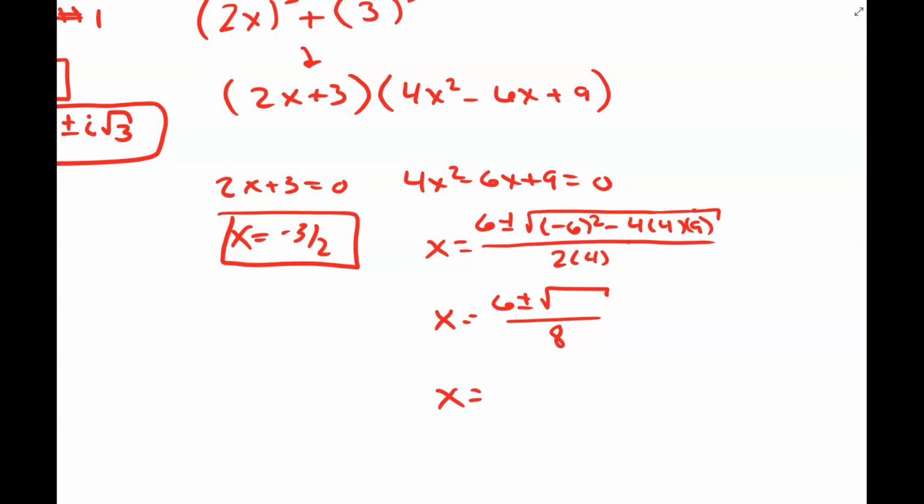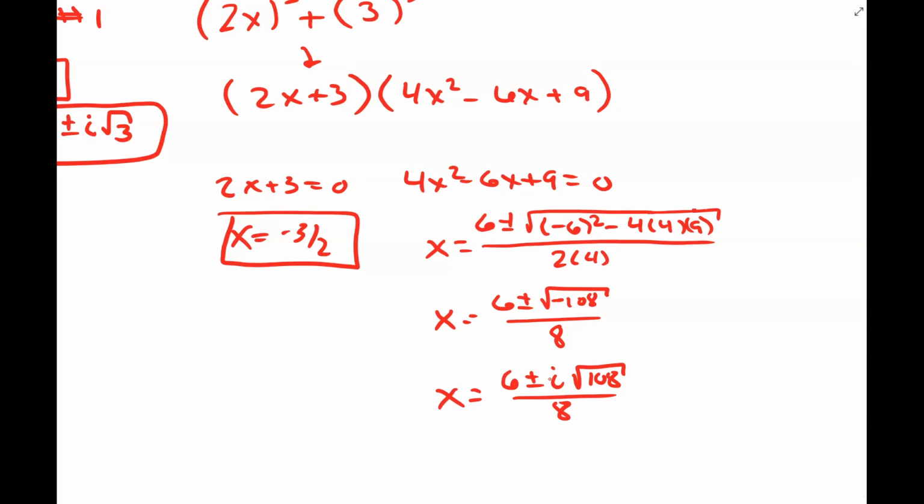Okay, so 144 minus 36 is, or I'm sorry, 36 minus 144 is negative 108. Everybody's okay there. So what can I do with that still?